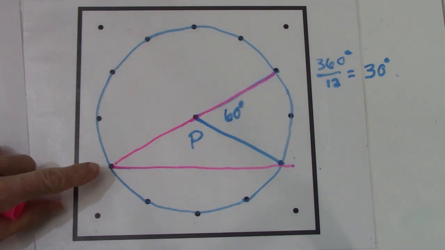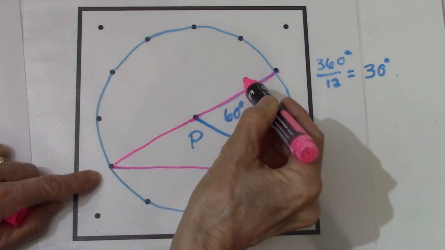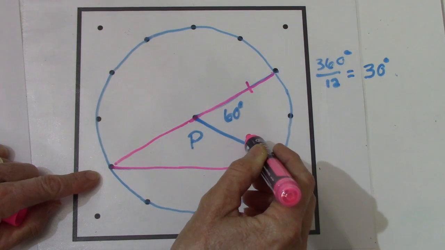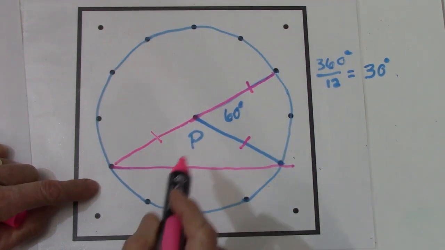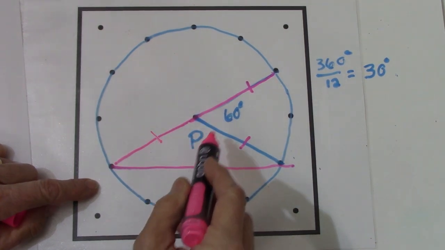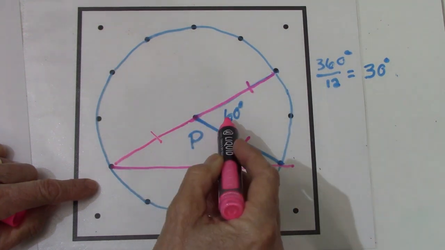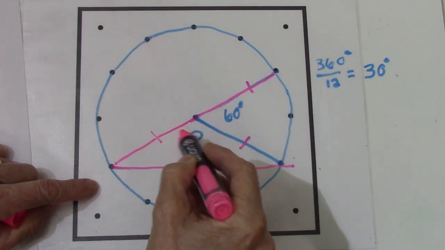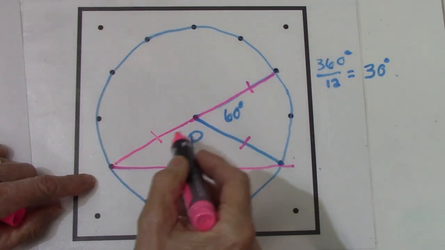Well, we know that this is a radius, and this is a radius, and this is a radius. Since these are radii, and this makes a straight line, it's the diameter. Since this is 60 degrees, then this angle is going to be a linear pair with that.